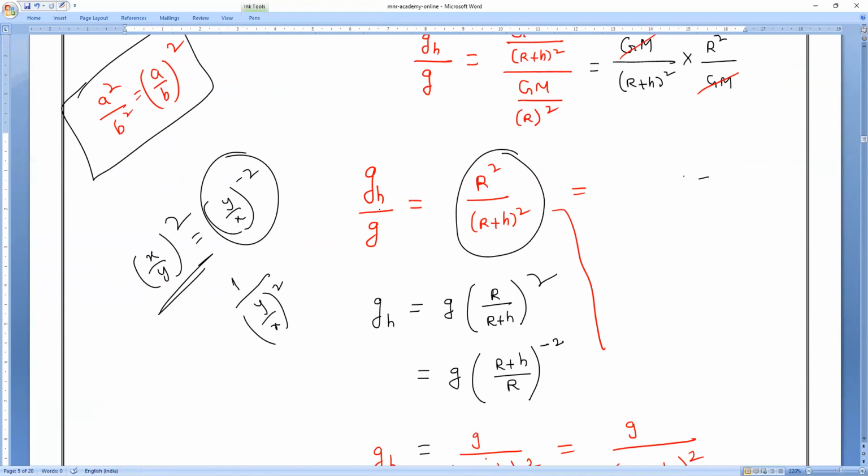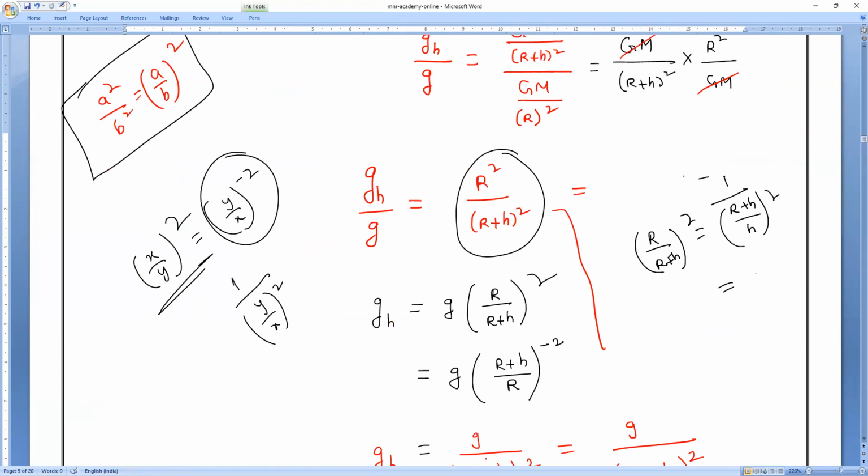Now, division on this side will become multiplication. I am writing R by R plus H whole square, which is actually the reciprocal: 1 by R plus H divided by R whole square.